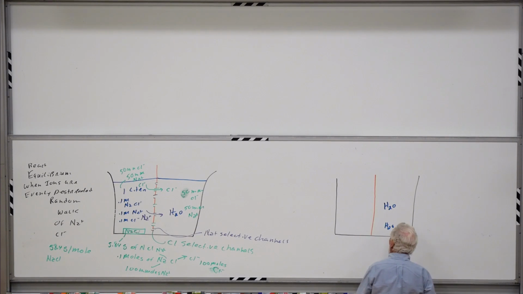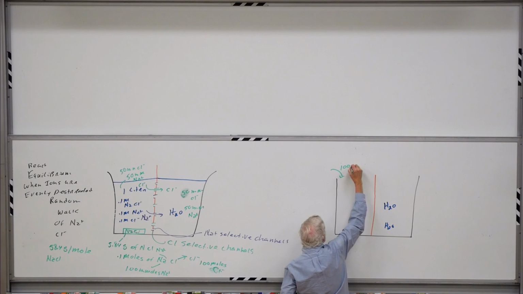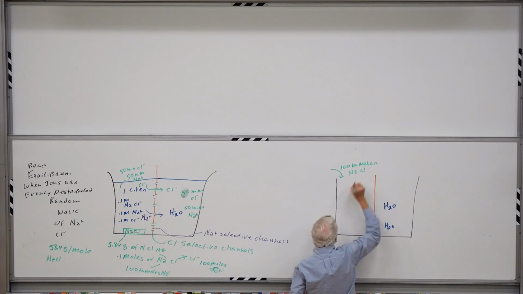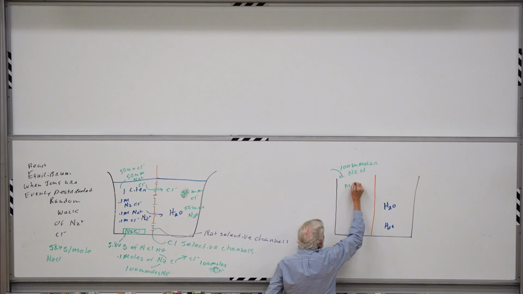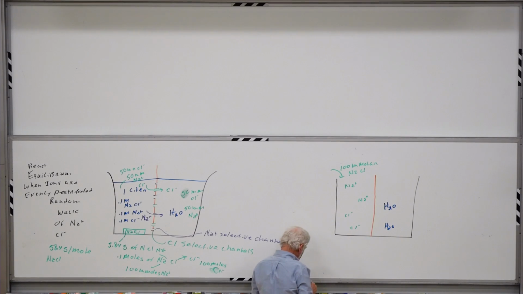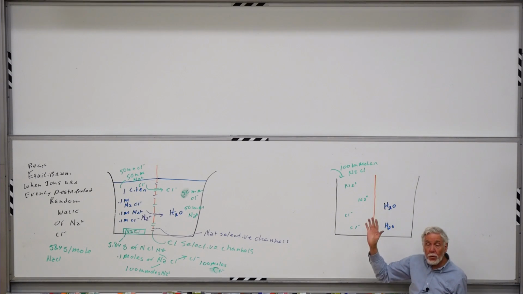On the left-hand side, we're going to have 100 millimolar sodium chloride. So we have our sodium ions and our chloride ions distributed randomly in here. Again, as long as this is an impervious barrier, nothing moves.